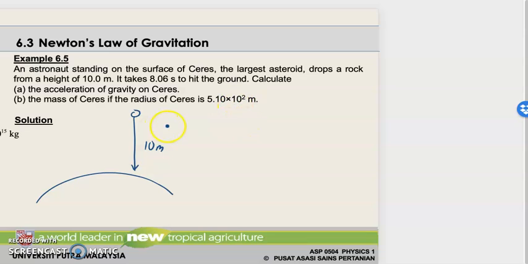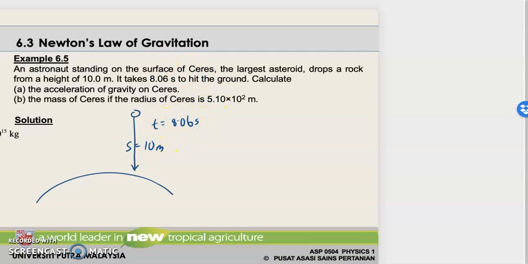The time taken to reach the ground is 8.06 seconds. Calculate the acceleration of the gravity on Ceres. So S equals 10 meter displacement going down. T is 8.06. It's asking you what is the acceleration.